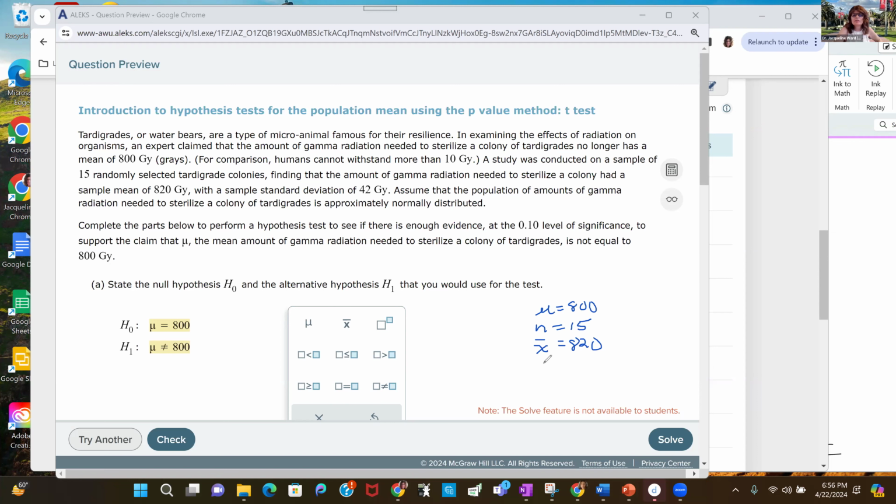Sample standard deviation is 42. Assume we have a normal distribution. We don't know sigma. So we're going to use a t-test. And then we have alpha at 10%.